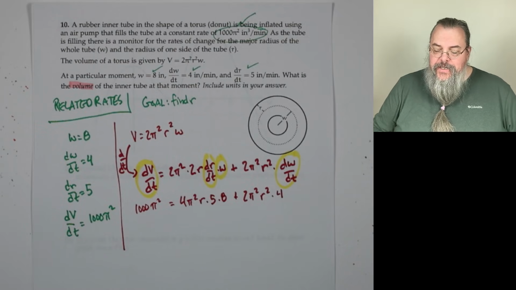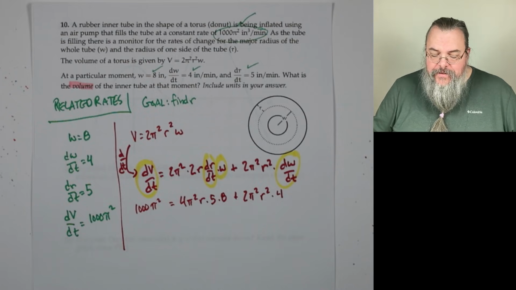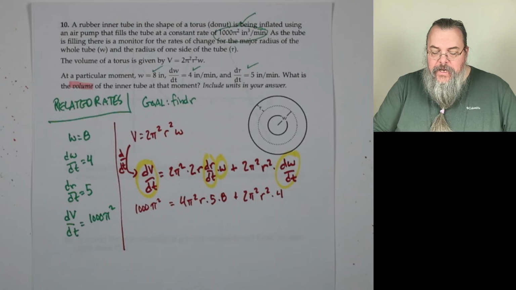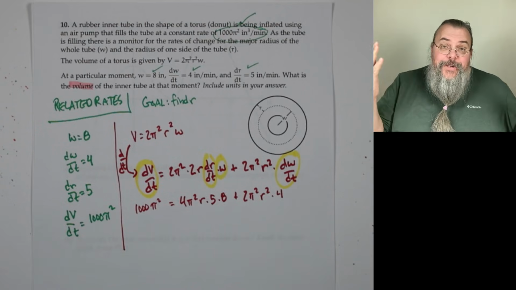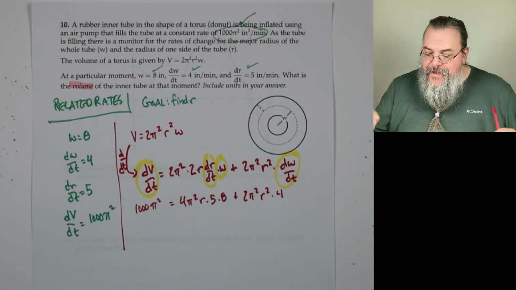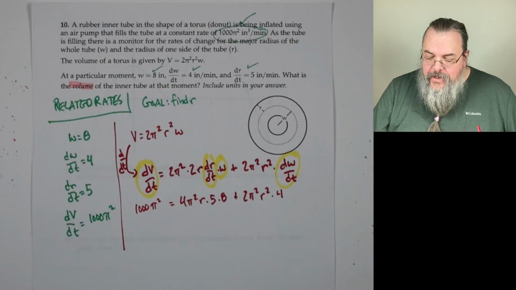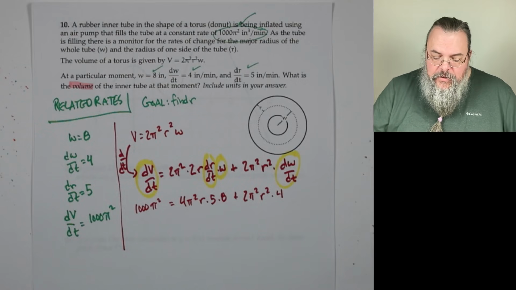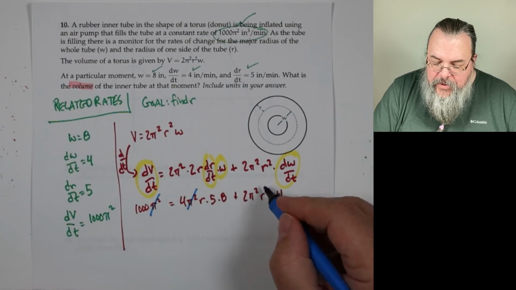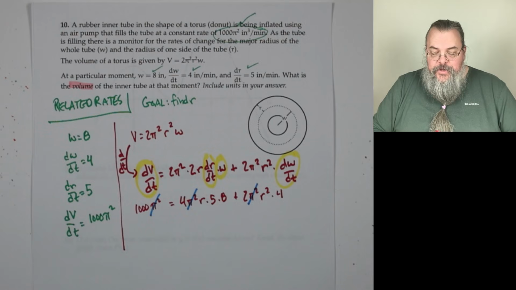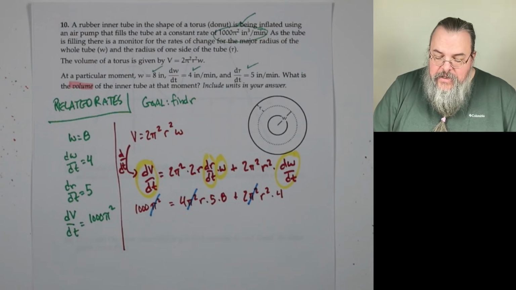So what do we have? Well, we have a single equation with one unknown. We don't know what r is. So we start cleaning up. Now there's some things we can do. Everything has a pi squared, so that can help us make the computations a little bit simpler. Let's rewrite this.